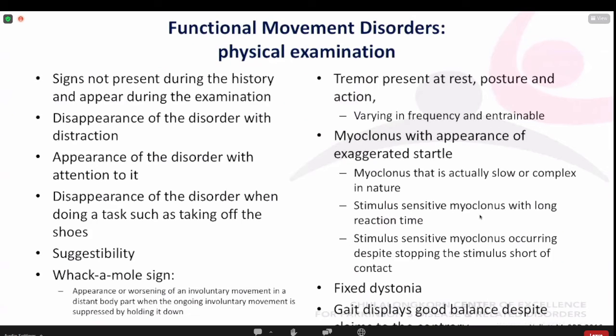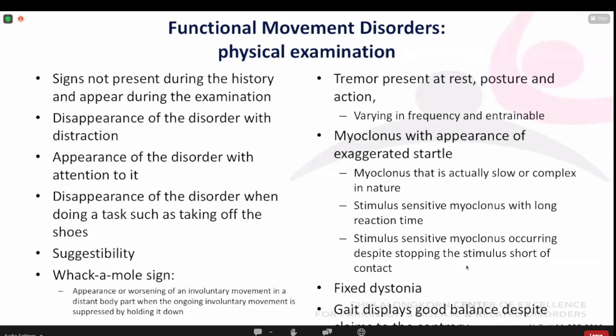For the examination, there are different tests to perform. For example, with distraction the movement can disappear, which I will show you in the next video, and reappear again when there is nothing to focus on. And the movement can vary in frequency and be entrainable.